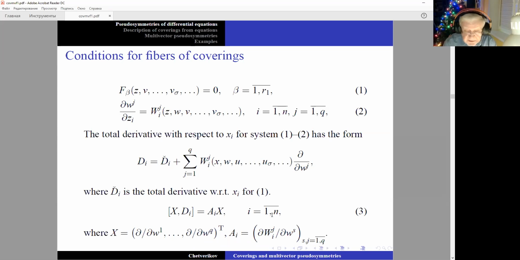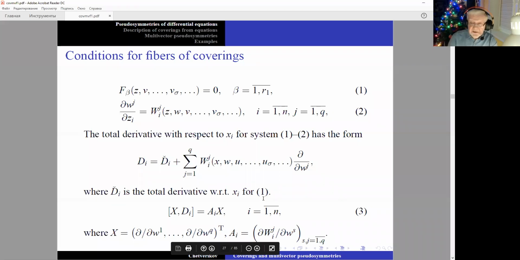These conditions 3 are not invariant with respect to C transformations because dy can be converted to linear combinations of total derivatives.